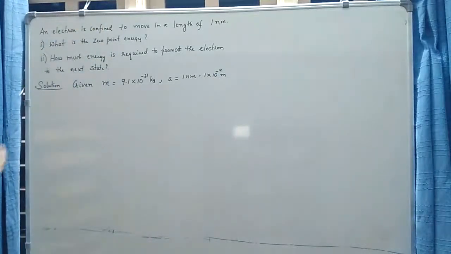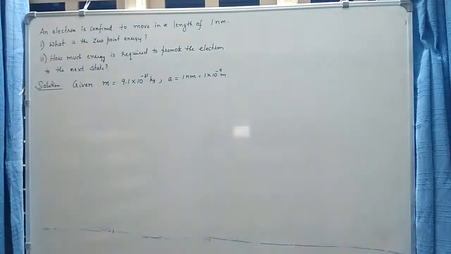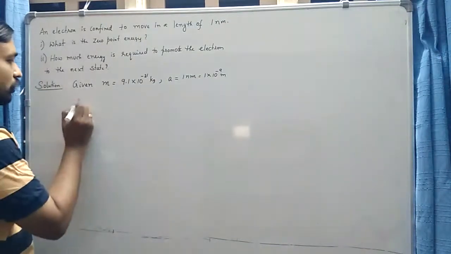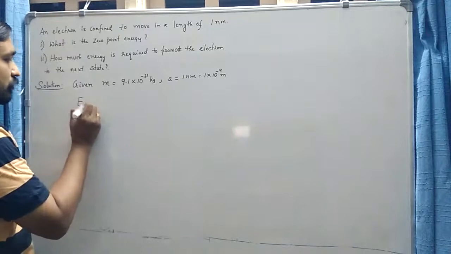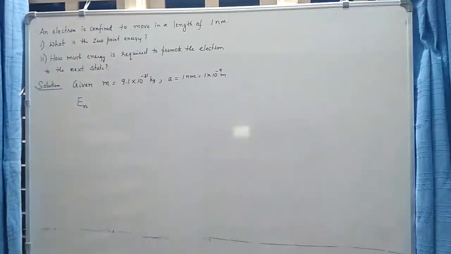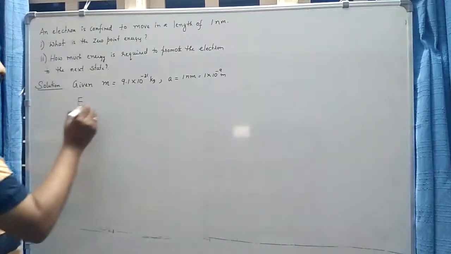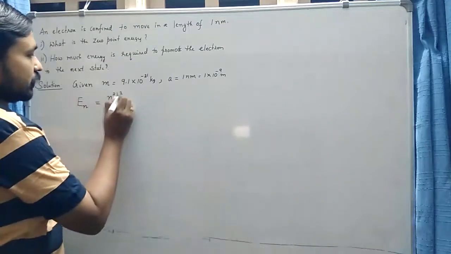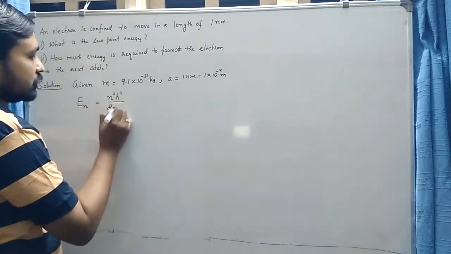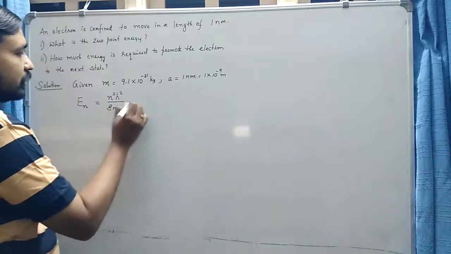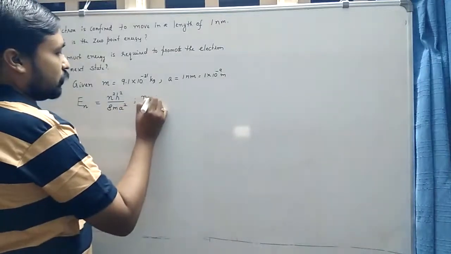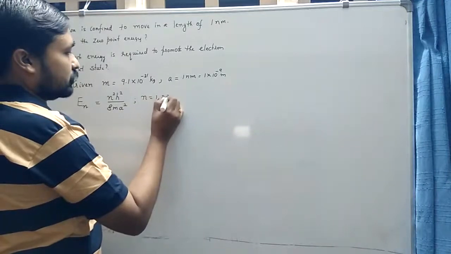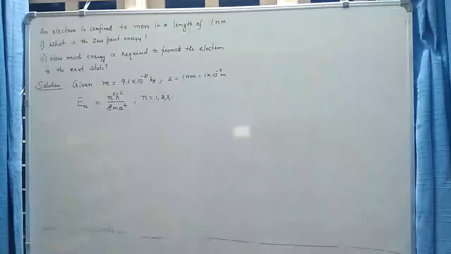Since the system is a particle trapped in a one-dimensional box, we know the expression for its energy. The allowed energy En is given by the formula n square h square divided by 8 m a square, where n stands for the quantum number whose value is 1, 2, 3 and so on.